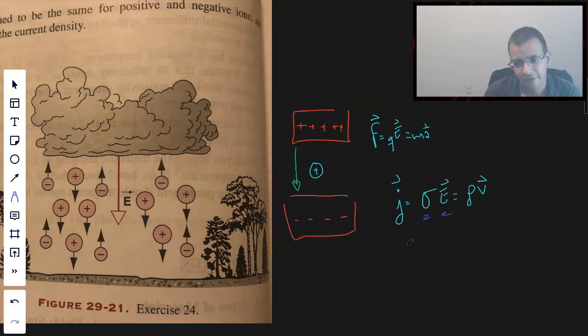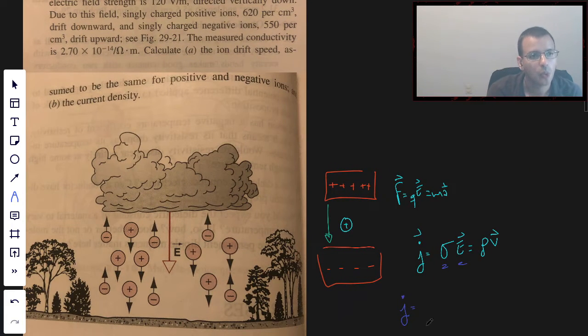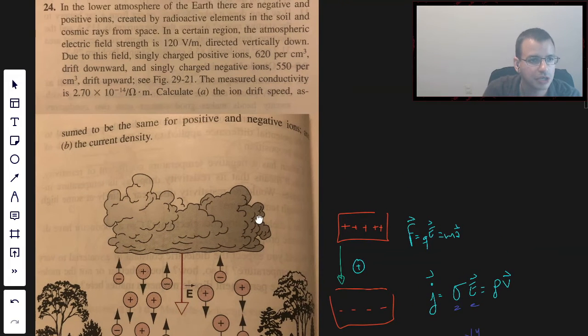So current density is going to be J, and it is going to be the conductivity, 2.7 times 10 to the negative 14th, times electric field, which they tell us is 120.